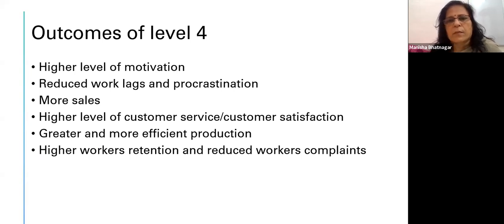Ma'am, as you were mentioning, normally we do not reach the fourth level. Ideally, we should be doing it, and it also depends, Preeti, upon the size of the organization. If it is a smaller organization, it will be easier to do. If it is a larger organization, it might be difficult and more challenging.